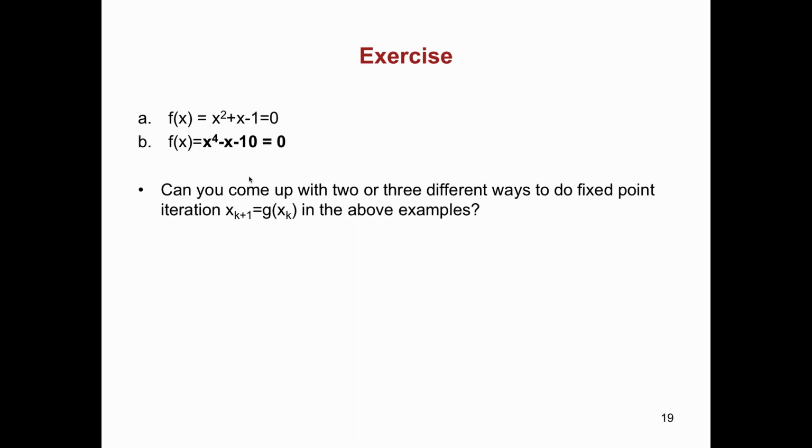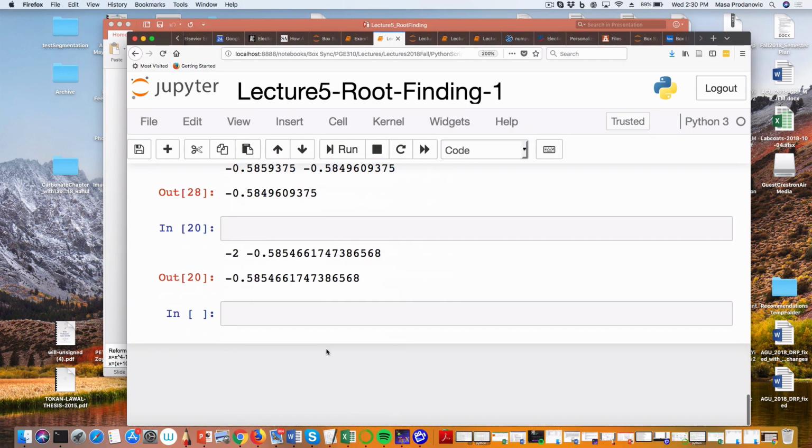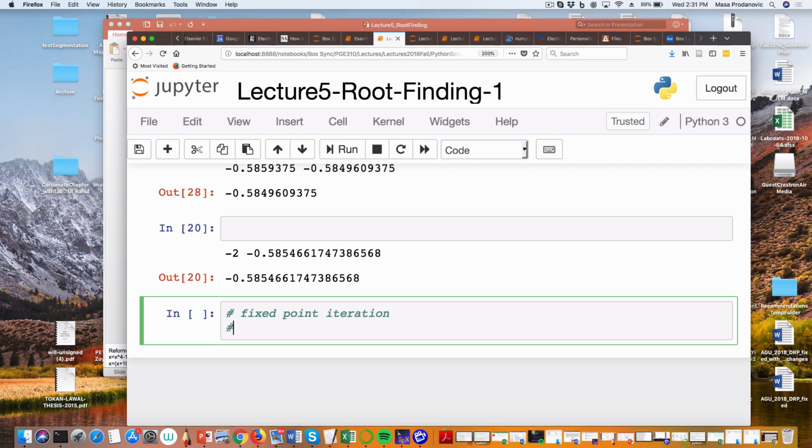So this is so-called fixed point iteration. And my f of x is x to the 4 minus x minus 10. Is it minus or plus? Good. Okay.